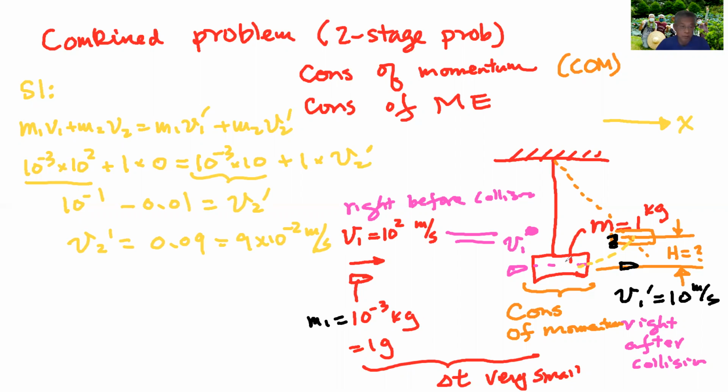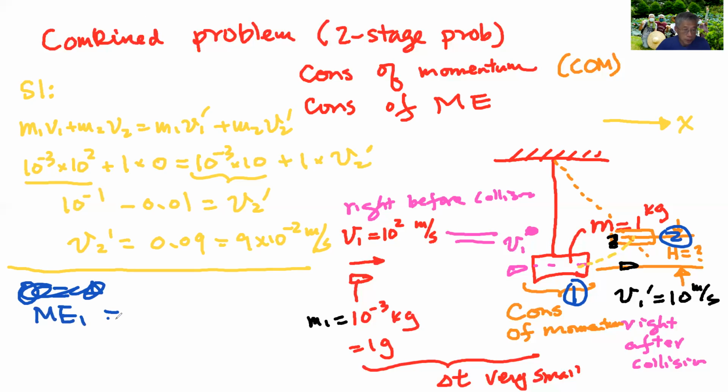So the block has this velocity immediately afterwards. We found that, and now we're going to do the stage 2 problem. I'm going to call this position 1 and that position 2. Mechanical energy at position 1 is equal to mechanical energy at position 2.